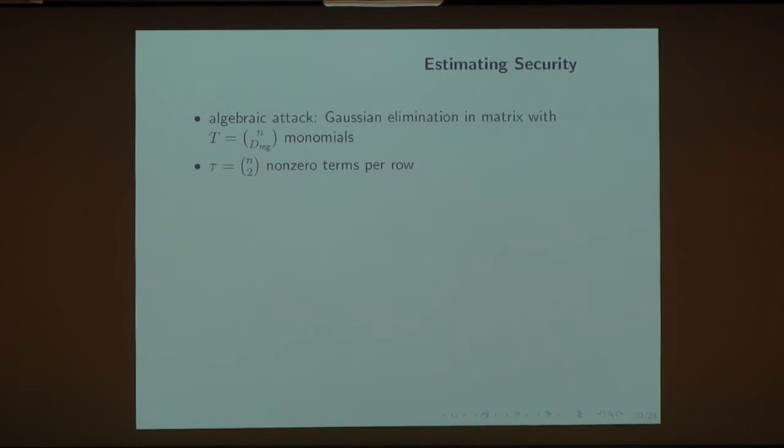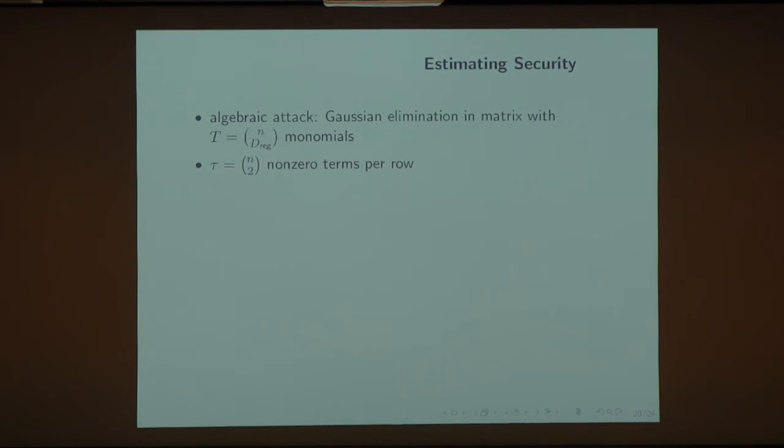So that's t. And then in every row, we're only going to store the non-zero coefficients. And as these arise from the original polynomials, this is n choose 2. So given t and tau, we can estimate the complexity of sparse Gaussian elimination, and that's tau t squared.